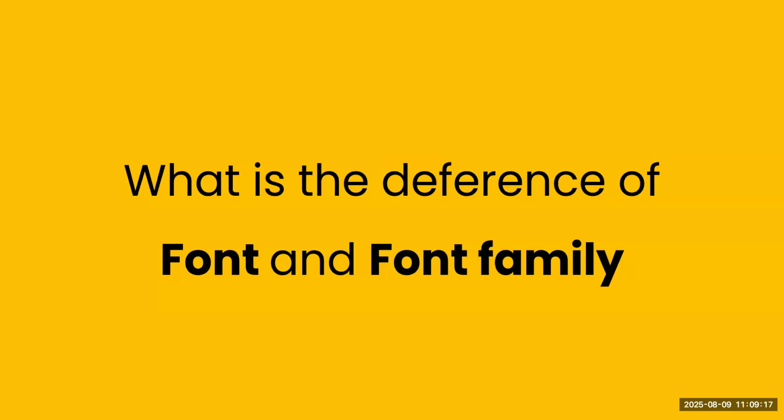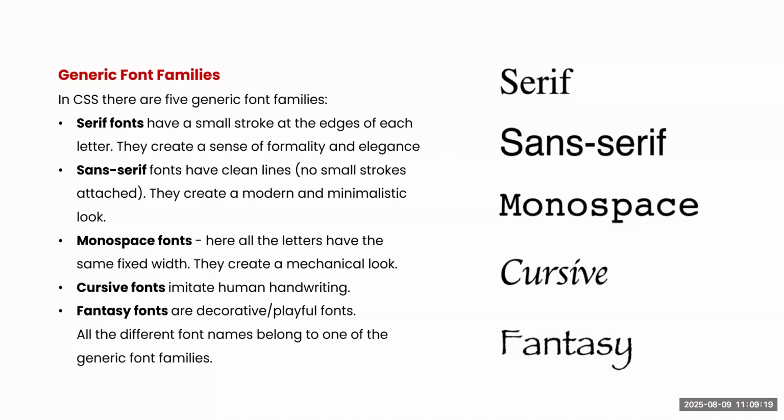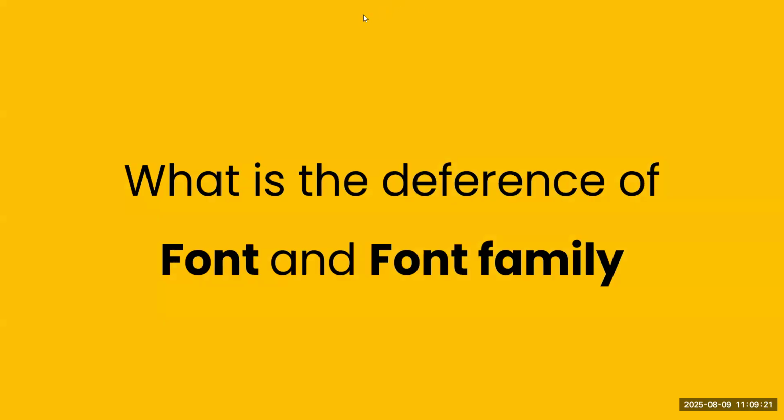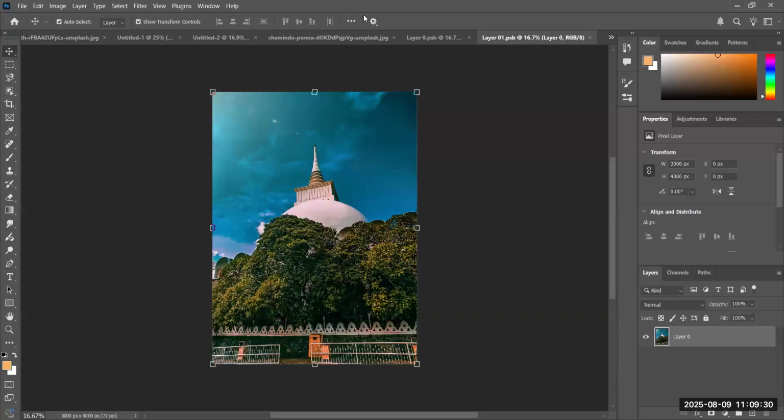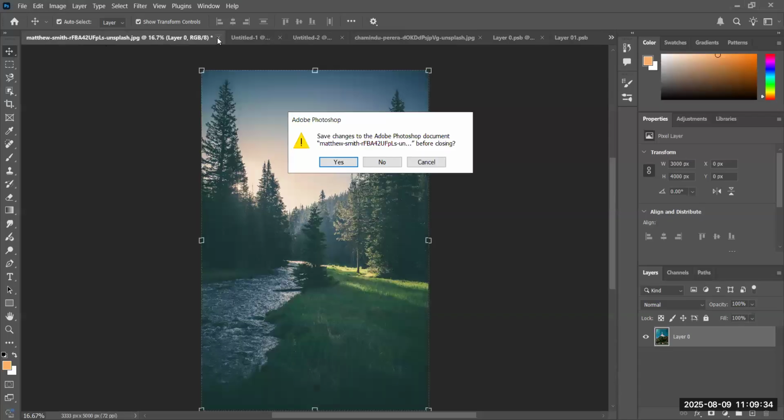there are two things called font and font family, right? What is a font? What is a font family? That is what we need to understand next. Right. Here I am taking a new file. I'm closing these files.